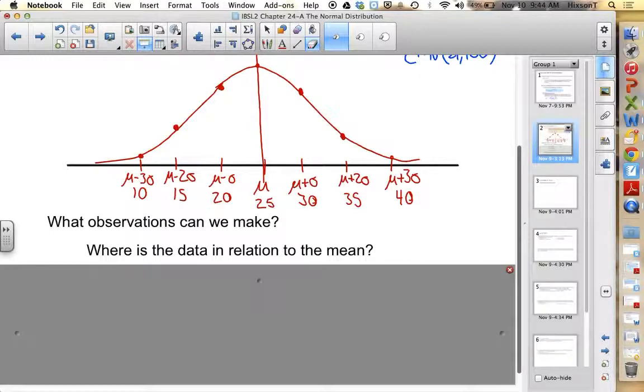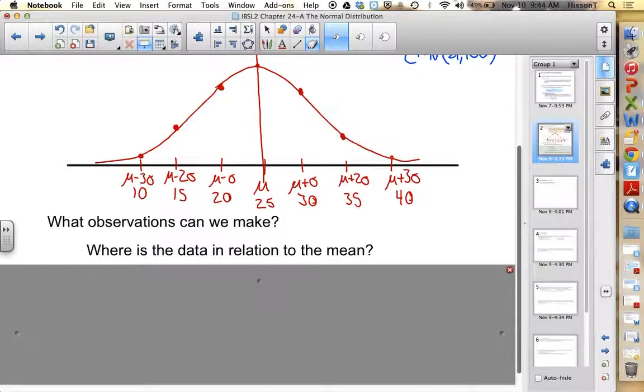When we're talking about below or above, we're talking left or right. Okay. Most of our data is near the mean, right? The further we get away from the mean, the less of our data is going to be out there.